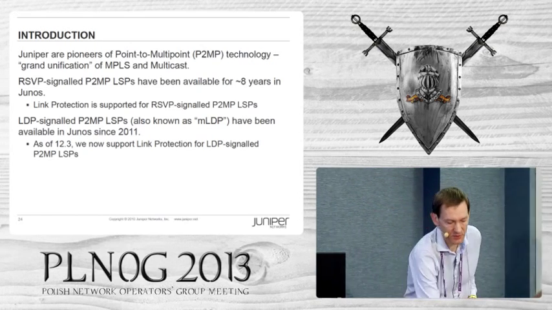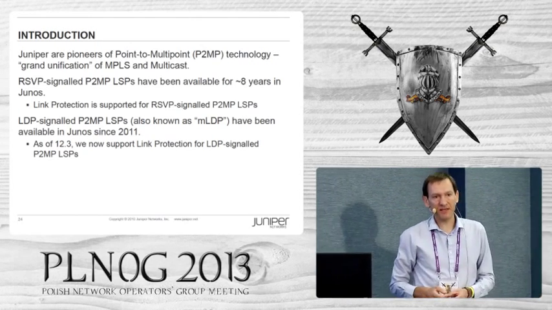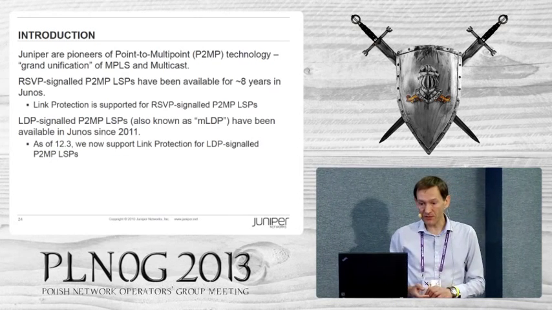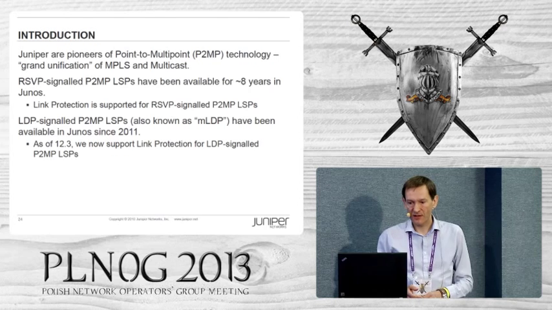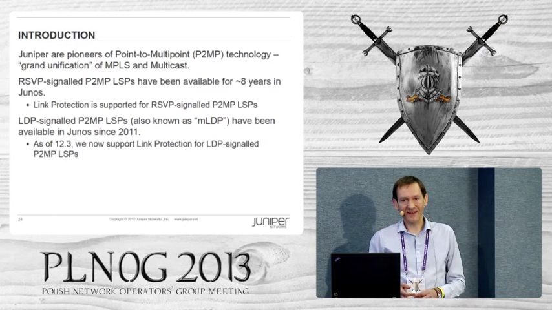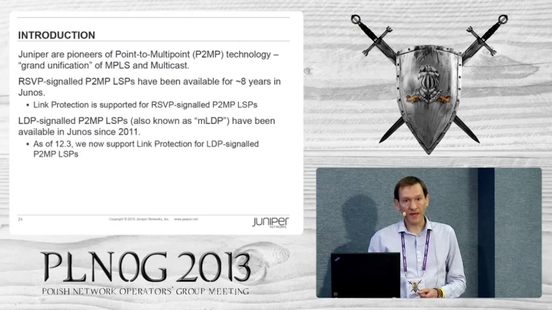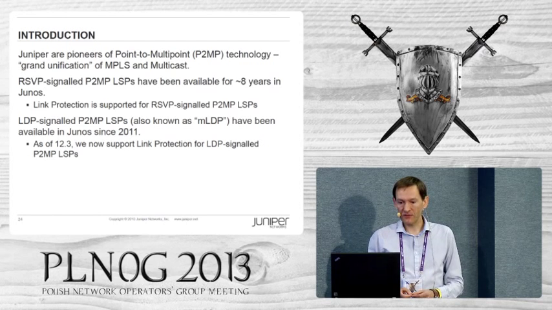And as many of you know, we've had Rsvp signaled point-to-multipoint LSPs for many years in Junos, and we've supported link protection for those for a long time as well. More recently, we introduced LDP signaled point-to-multipoint LSPs. Sometimes these are known as MLDP, and we've had those for a couple of years as well. And what we recently introduced was link protection for those LSPs.